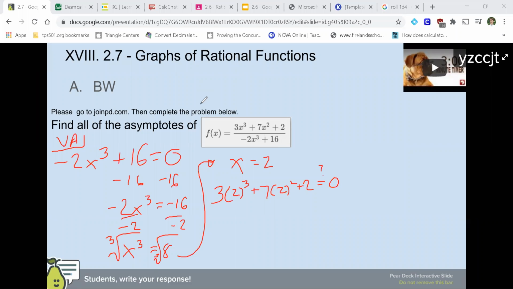Clearly, you don't even have to grab a calculator to find it out. It isn't. If you typed it in, you get 54, which is not 0. So that will not be a factor of the numerator, right? It is not a 0 of the numerator. So x equals 2, that vertical line is a vertical asymptote.